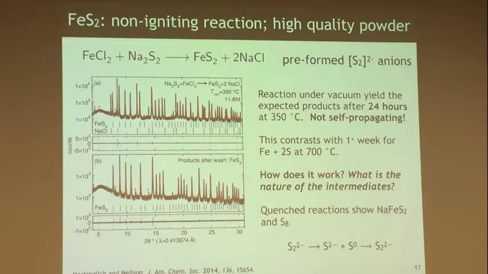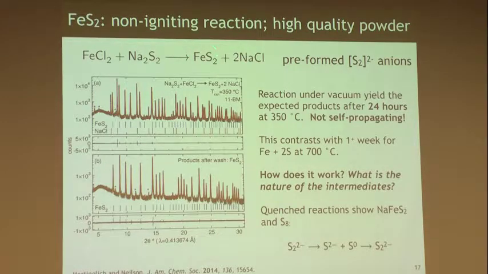So for our first pass, we looked at a much more gentle reaction. To make FeS2 through this metathesis reaction, or double salt exchange, you can take iron dichloride and Na2S2, sodium persulfide, which in the crystal structure actually has these preformed little dianionic units.